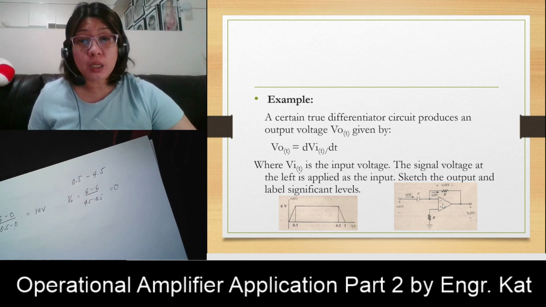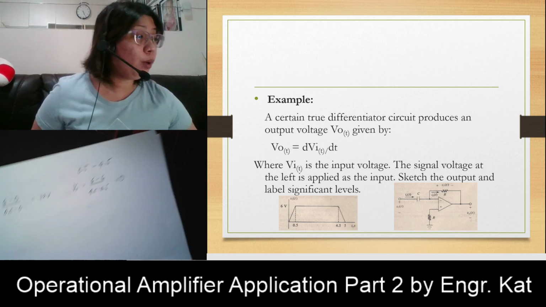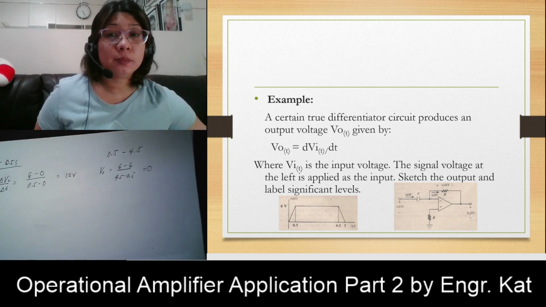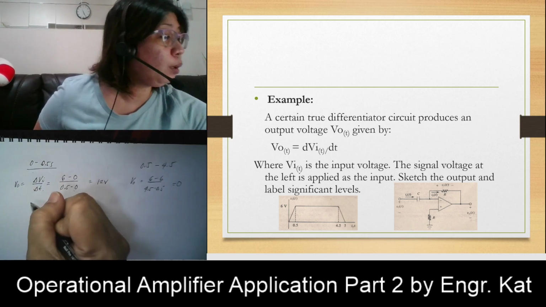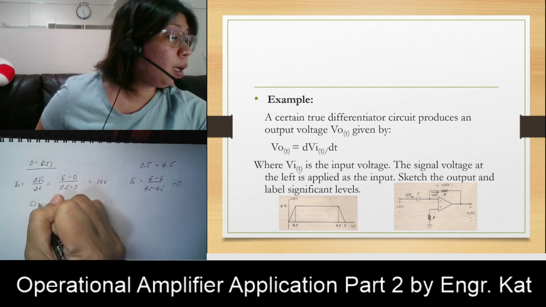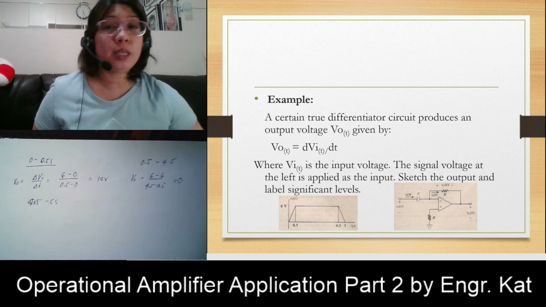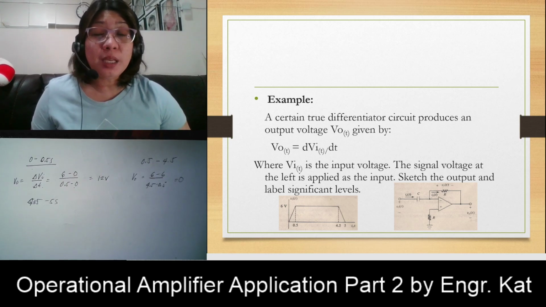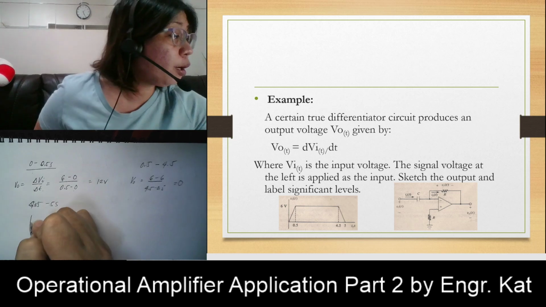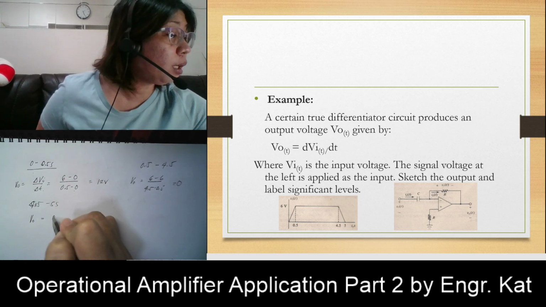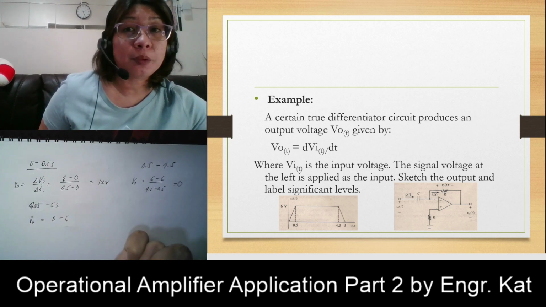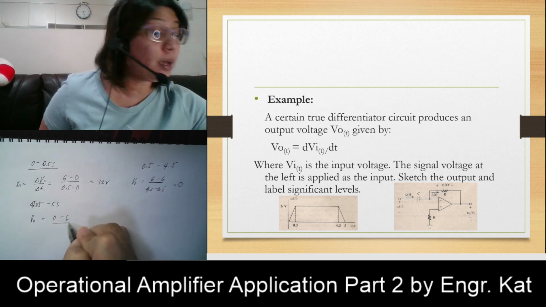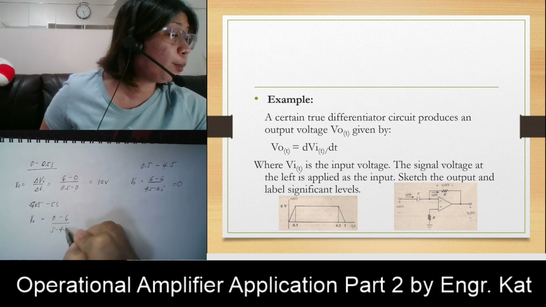Okay, so let's continue from 4.5 seconds to 5 seconds. What is your voltage there? Your change in voltage is from 6 to 0. So 0 minus 6 divided by 5 minus 4.5.